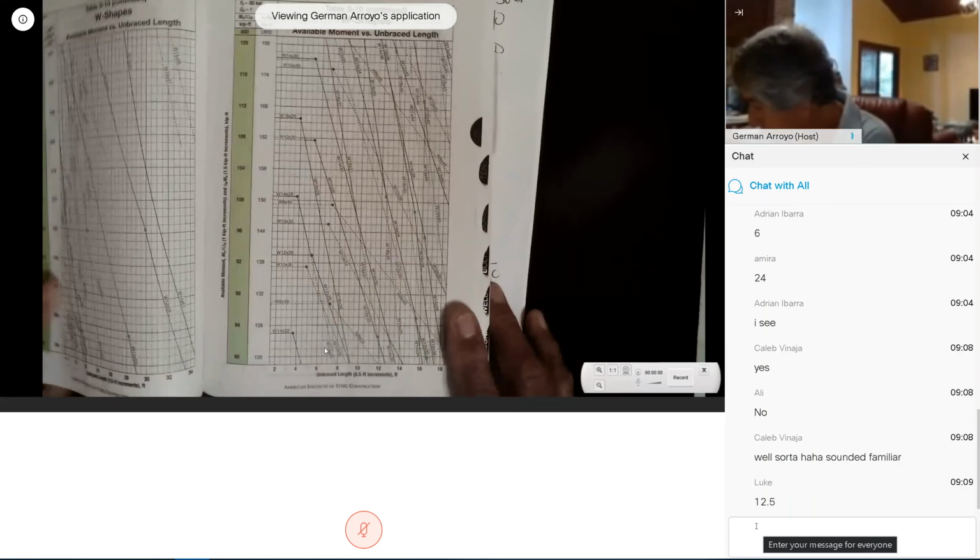Our unbraced length for this problem, 24 feet. Lp, 8.76. Lr, 28.2. Just by going back to the charts, whenever we find our section, was that a straight line? Was it the equation of a line, or was it a parabola?